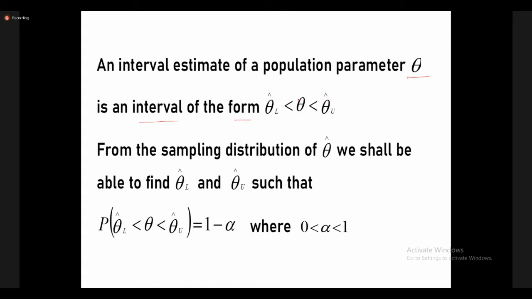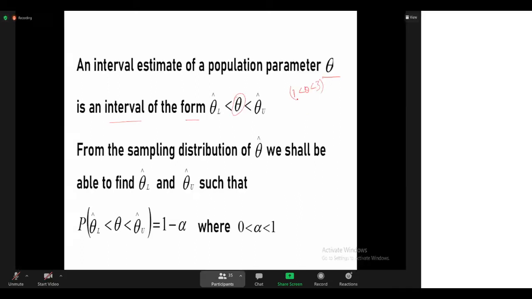This theta is the actual population parameter that we are estimating, and it lies between these two values.